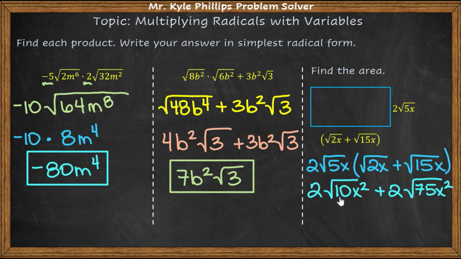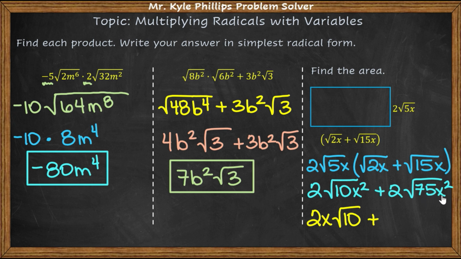Now what I'll do is simplify my radicals as much as I can. So there is no perfect square that can go into the square root of 10, but x squared, 2 is even, so I can divide that by 2. So this will simplify to give me 2x times the square root of 10 plus, here, the largest perfect square that can go into 75 is 25. The square root of 25 is going to be 5.